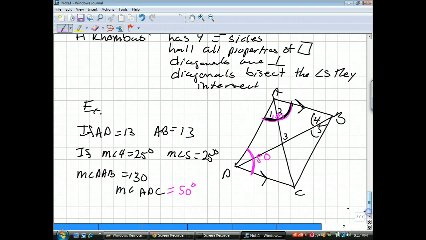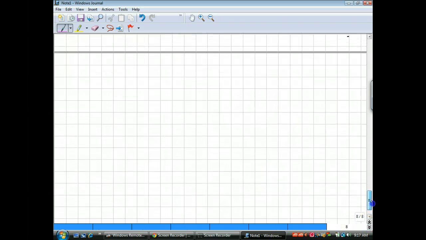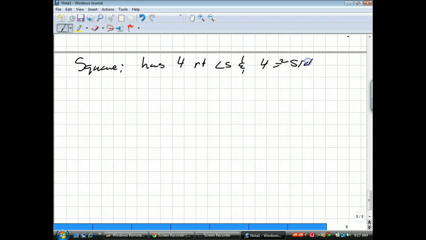All right, and let's move on to a square. So, summary of what we know about a square. First of all, it has 4 right angles, and that's the key, and 4 congruent sides. Okay.